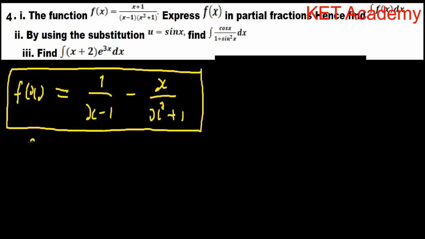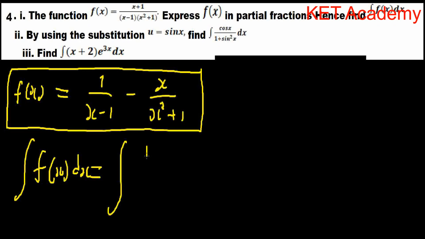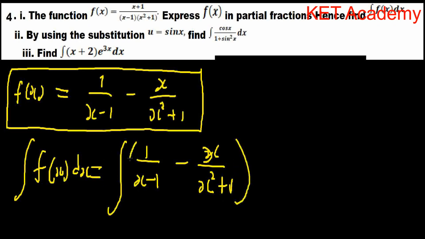Now, to look for the integral of f of x dx, this will simply be equal to the integral of our function, 1 divided by x minus 1, minus x divided by x squared plus 1, dx.